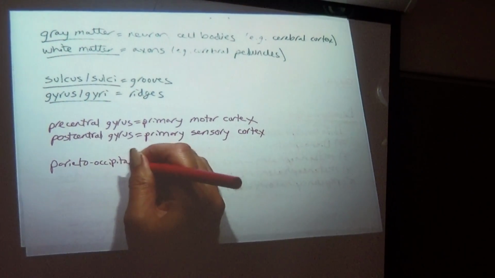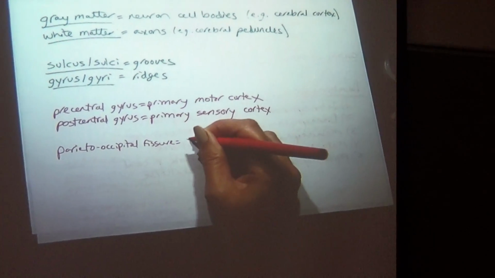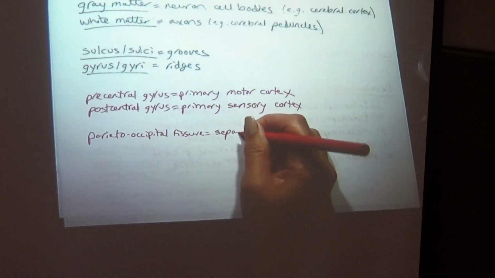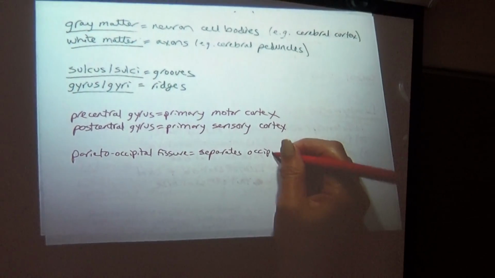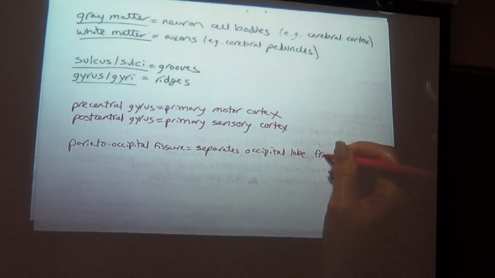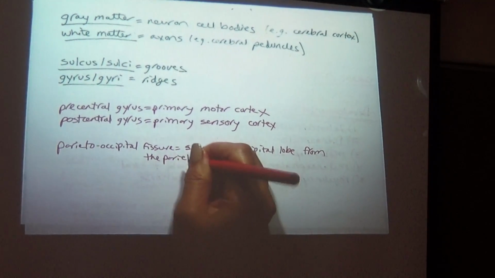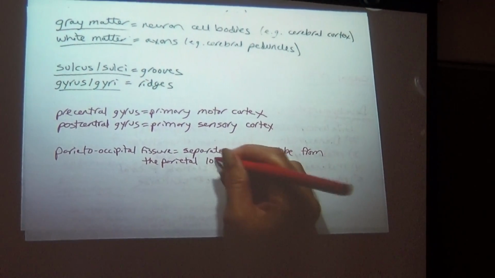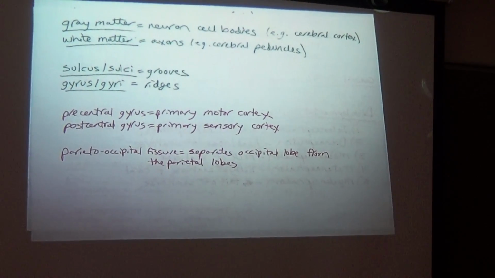Parieto-occipital fissure separates the occipital lobe from the parietal lobes. So that one I would ask as a question because there's nothing really to point to.